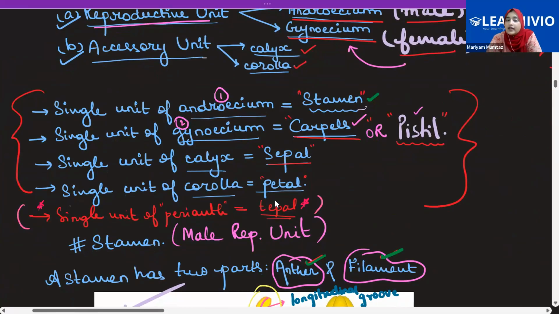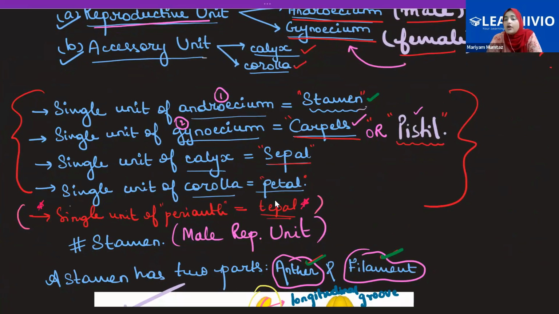A single unit of a gynoecium is called a carpel, or you can call it a pistil. In the same way, a single unit of calyx is called a sepal, and a single unit of corolla is called a petal. Now, many times in plants or flowers such as lily, the calyx and the corolla are not separate. That is a perianth. A single unit of a perianth is called a tepal. So now we have found out the single unit of each of the whorls, so that it becomes easier for us to concentrate and study one thing. Is it clear, students?